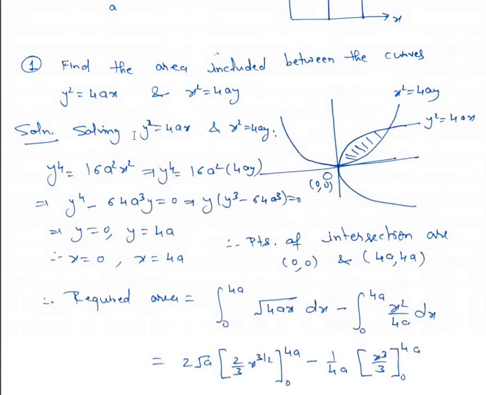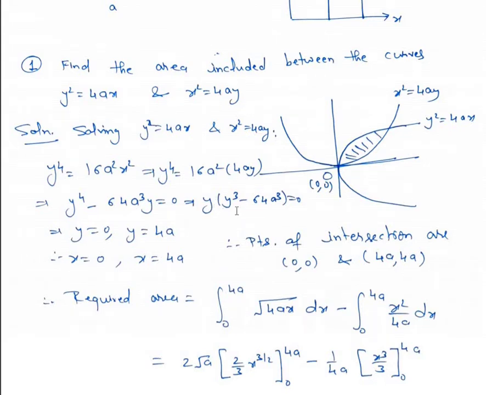Okay, so let's find out points of intersection of these two parabolas. So square this. So we have y to the power 4 is equal to 16a square x square. Put the value of x square from here. So we have y to the power 4 is equal to 16a square multiplied by 4ay. So therefore we have y to the power 4 minus 64a cube y is equal to 0.